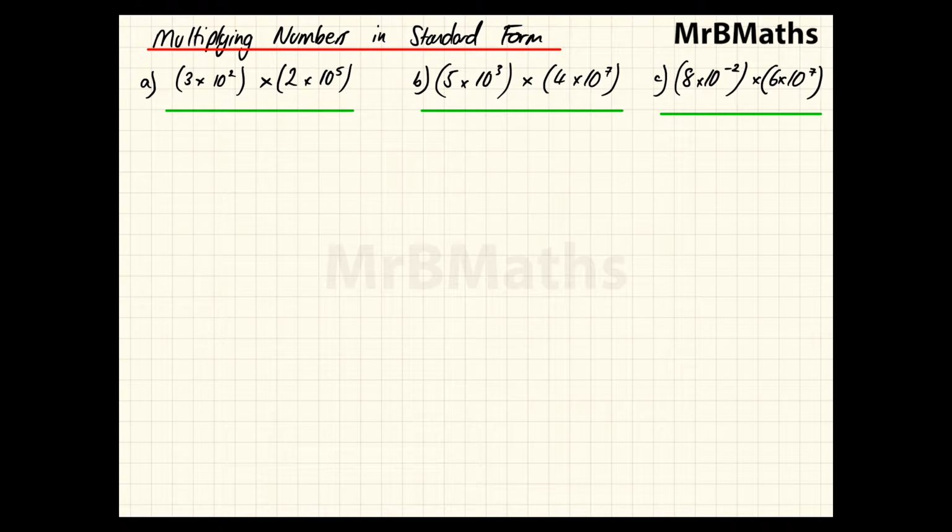So for question A, what we need to do is we need to split what we need to multiply. So I'm going to rewrite this as 3 times 2. So I'm going to get these two numbers together. Okay, and then I'm going to write 10 to the 2 times 10 to the 5. We can put times there as well, just to be consistent.